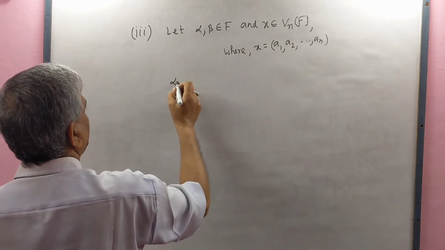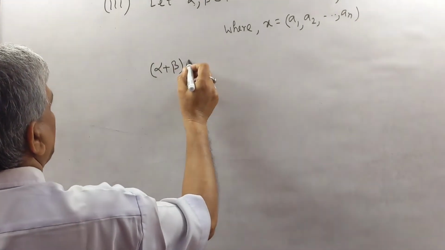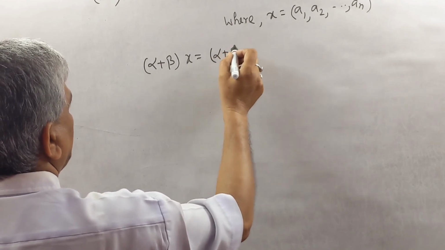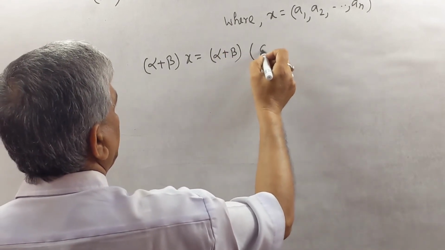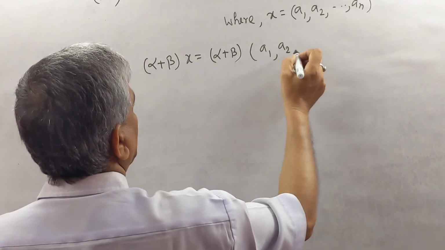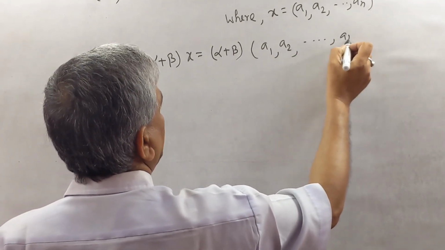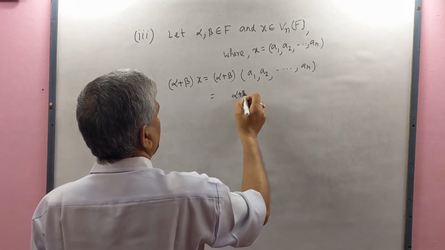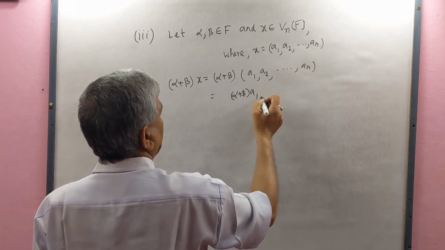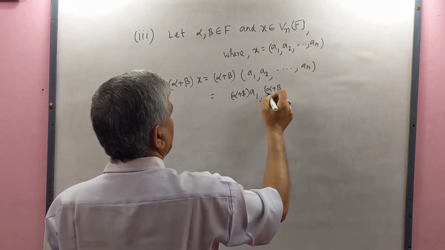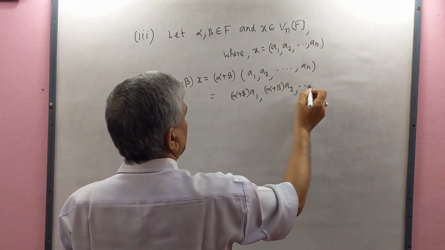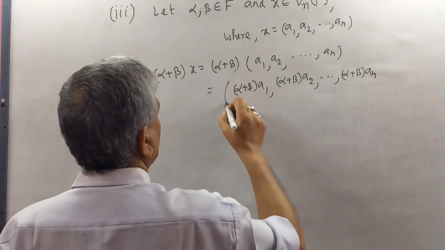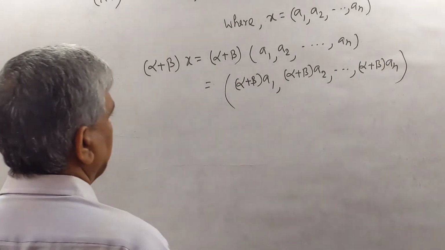Now (alpha plus beta)x equal to (alpha plus beta)(a1, a2, ..., an) equal to ((alpha plus beta)a1, (alpha plus beta)a2, ..., (alpha plus beta)an), an ordered n-tuple.